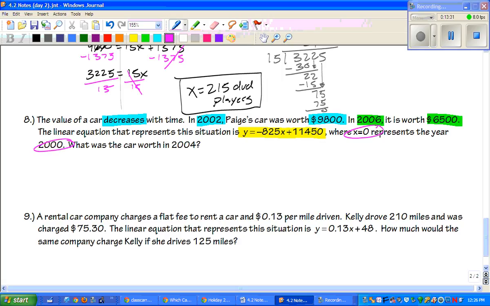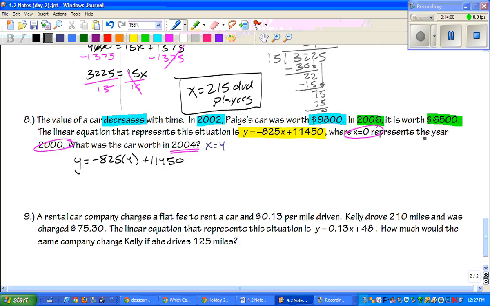So instead of using these really large numbers, when they're talking about the year 2000, that's what 0 is. So when we're talking about what was the car worth in 2004, x is going to equal 4. So all we have to do is plug in 4, and then we can find how much the car is worth.